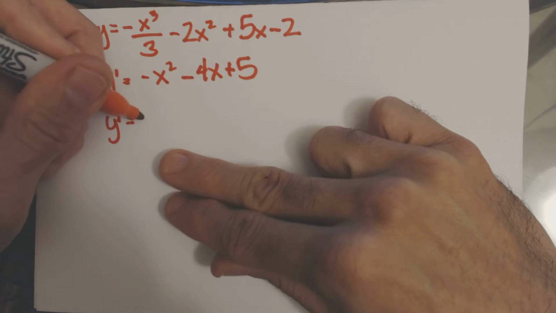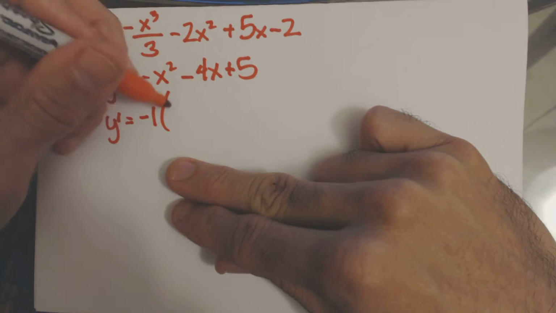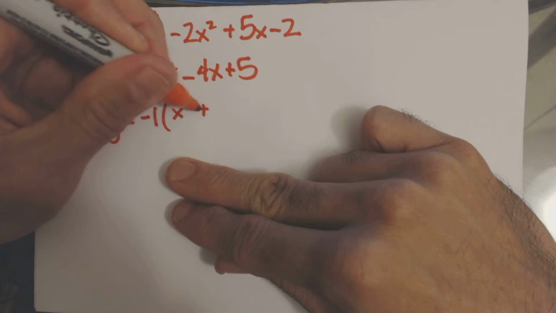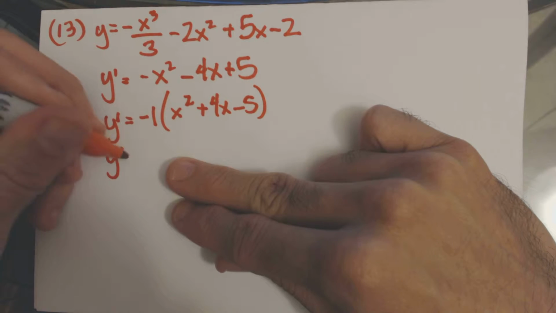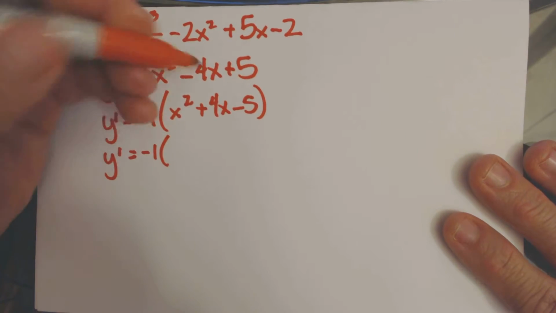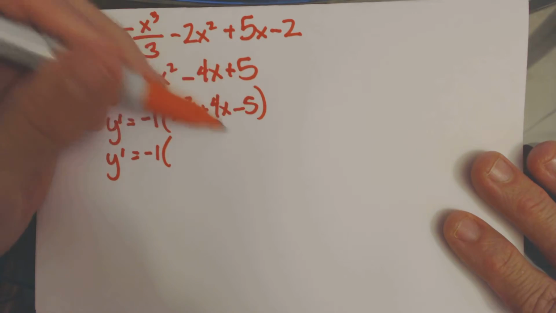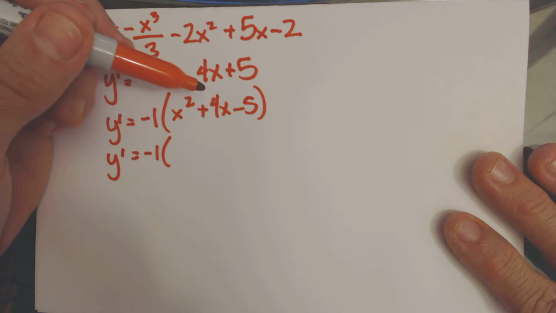Factoring it. Let's factor out the negative 1 just to make it easy to factor. That gives us x squared plus 4x minus 5. So we have negative 1 times two numbers that multiply to negative 5 and add up to 4.